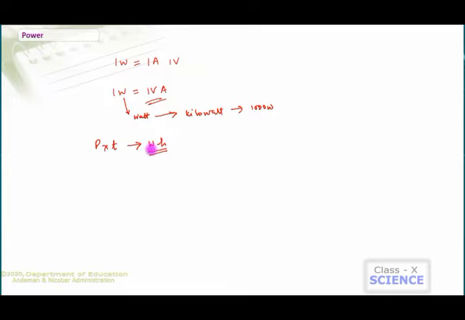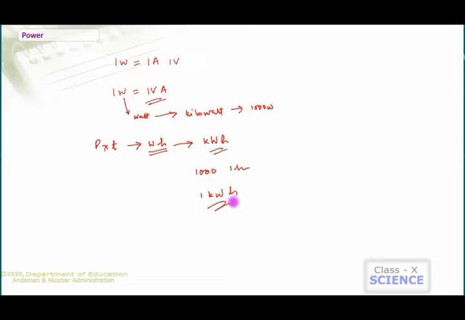If a device consumes 1 watt of power and is operated for 1 hour, then we call it 1 watt hour. The commercial unit of electrical energy is expressed in kilowatt hour. So 1 kilowatt hour is when a device consumes 1000 watt of power and is operated for 1 hour.